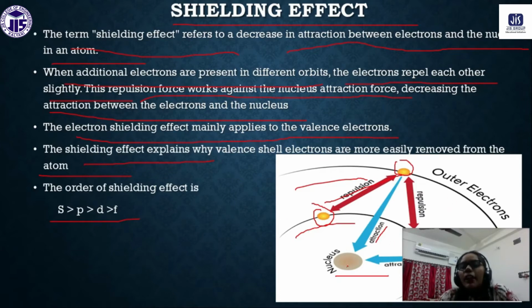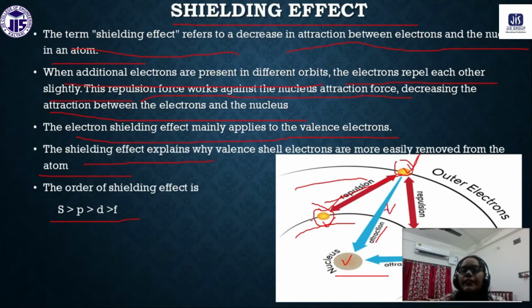This is our outermost electron, and this is an inner orbital electron, and both are attracted by the nucleus. The inner orbital electron always has the tendency to shield this attraction force, so that the attraction force between the outer electron and the nucleus will be lower.